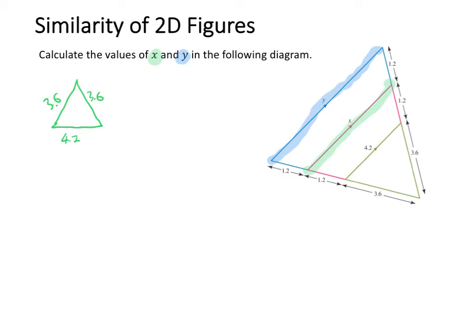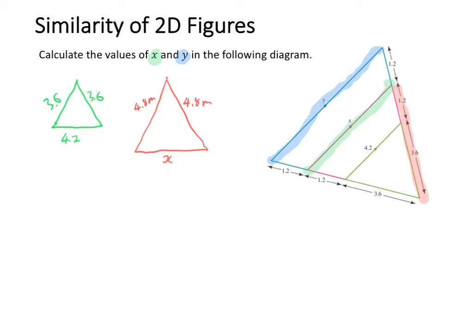And then drawing the larger middle triangle, which has a base of x, which we're trying to calculate, and it has sides of 4.8. That is calculated by adding the 1.2 and the 3.6 together. So the question gives us two measurements that we need to calculate the side of the middle triangle. So that's 4.8 meters and 4.8 meters.